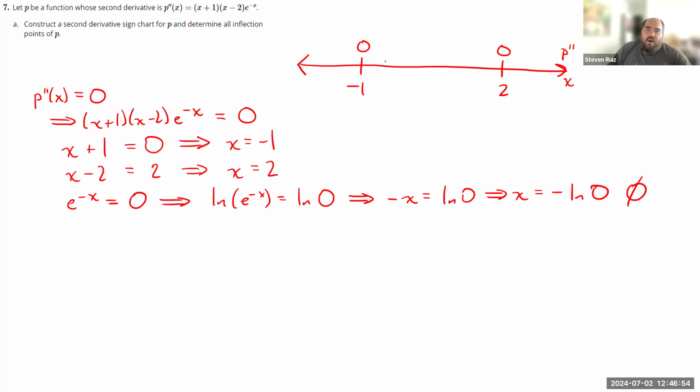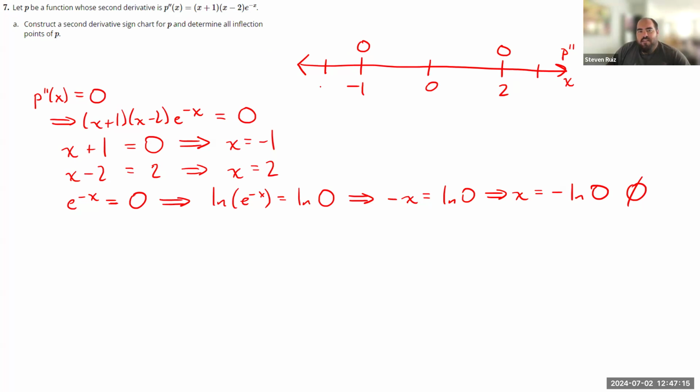So that's why to make a sign chart, I just have to test a point in all 3 portions. I have found 2 points where I have zeros, which means effectively I've split up the real numbers into 3 different portions. So I need to find a test point for each one of these 3 portions.